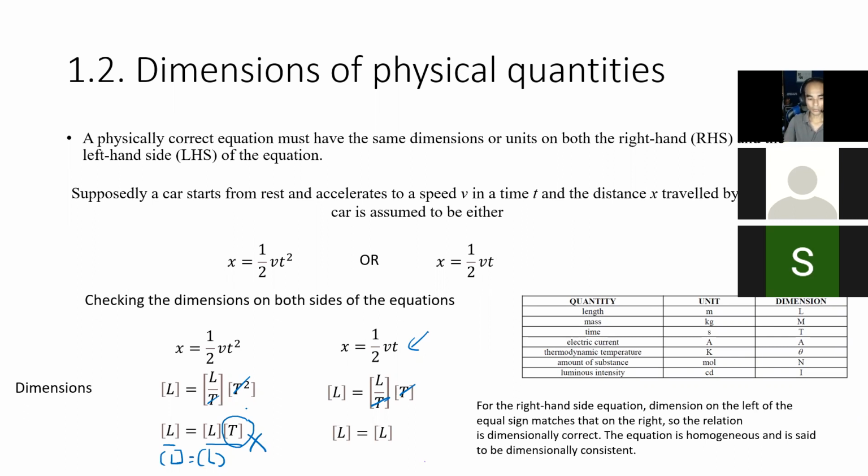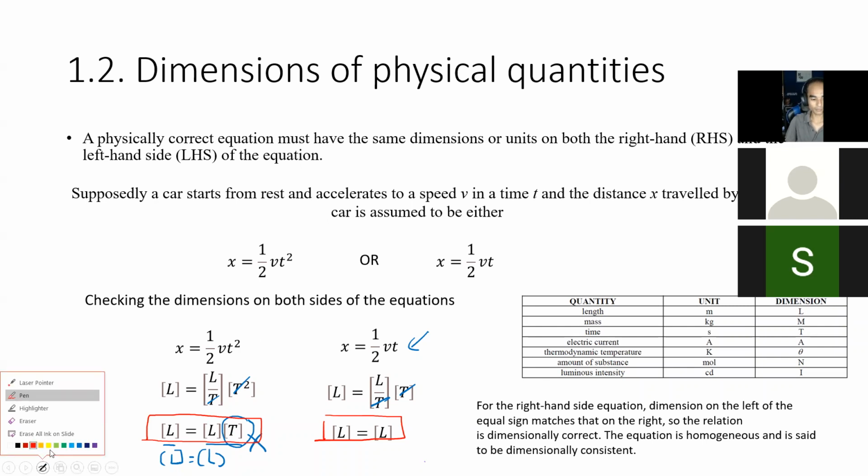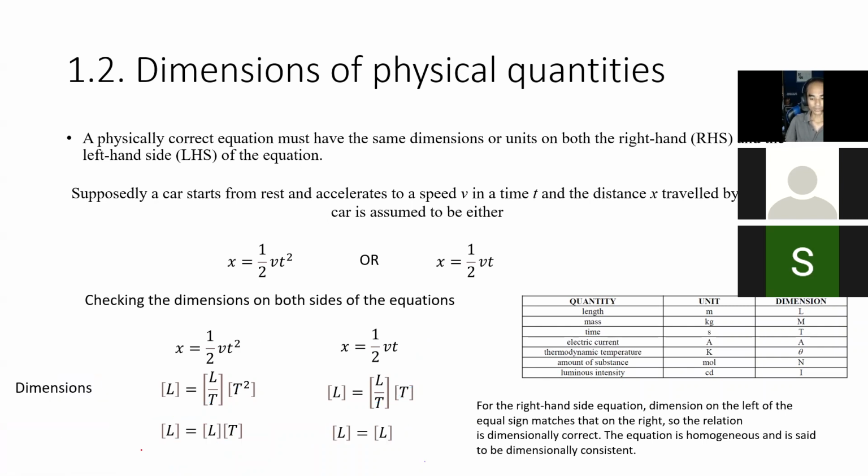If you have this kind of equation question, you cannot end like L equals L times T or L equals L. You have to write at the bottom dimensionally inconsistent, or this one, dimensionally consistent.